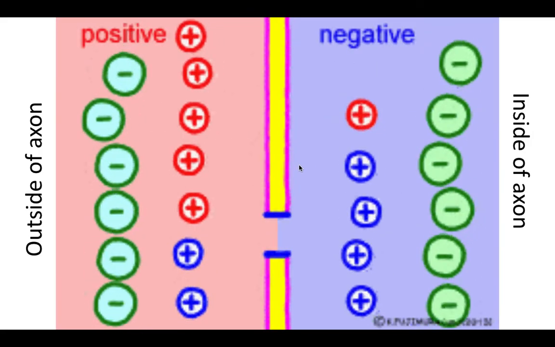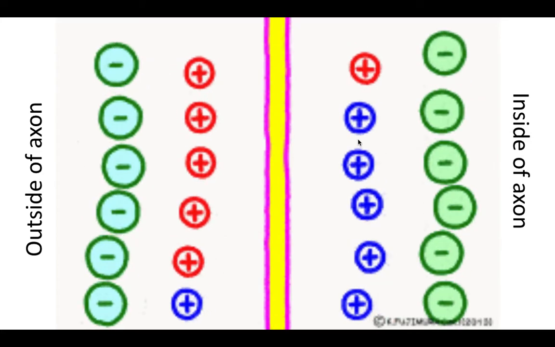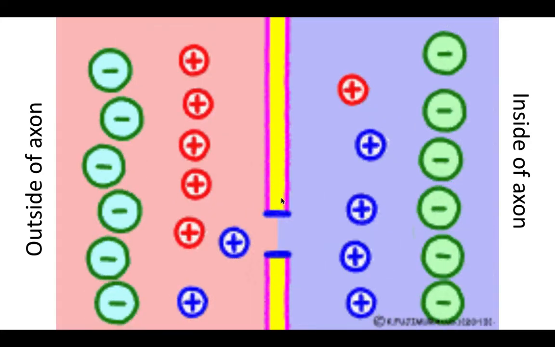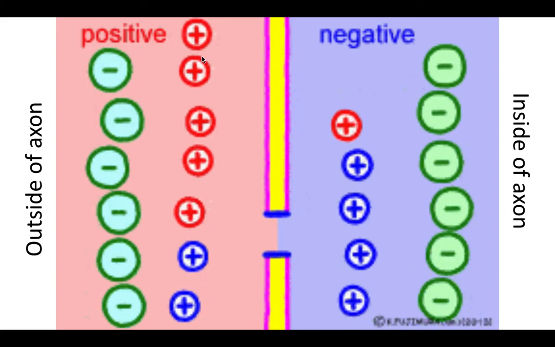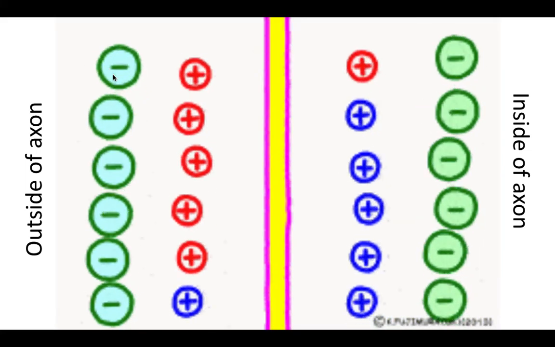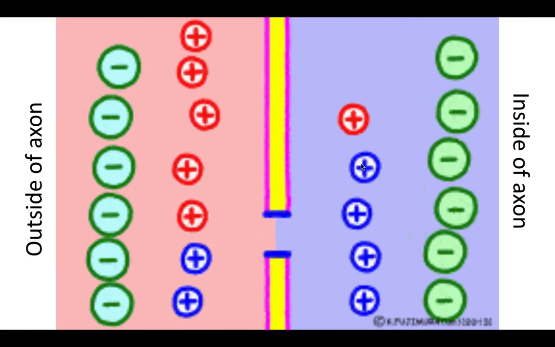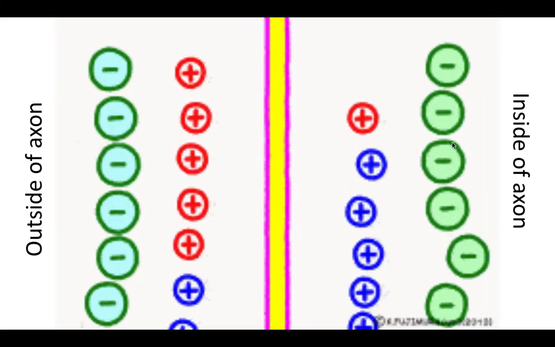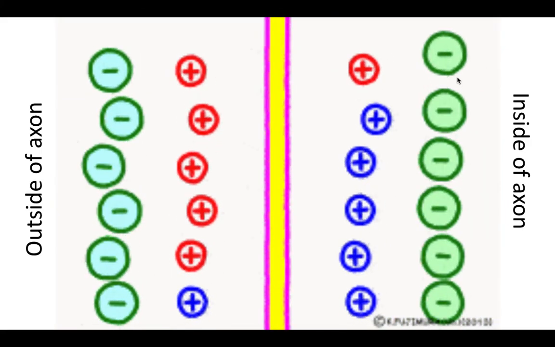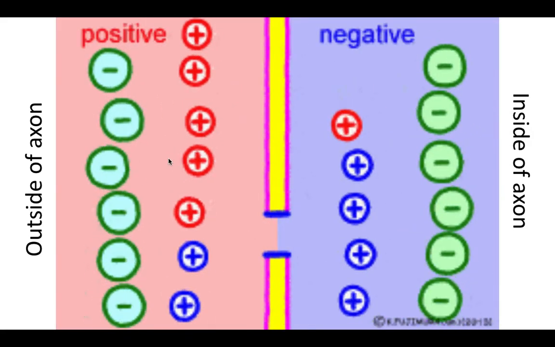But if some positive charges exit the axon and go to the outside, now all of a sudden you have more positive charges outside the axon than negative. And you're going to have fewer positive charges inside the axon than negative charges. So the inside becomes overall negatively charged, and the outside becomes overall positively charged.